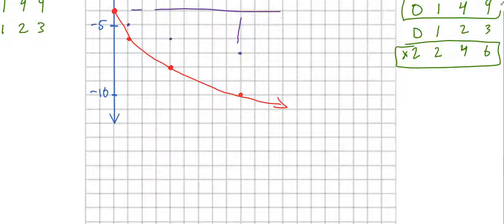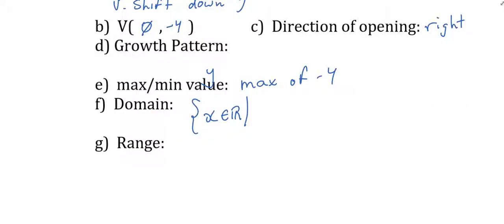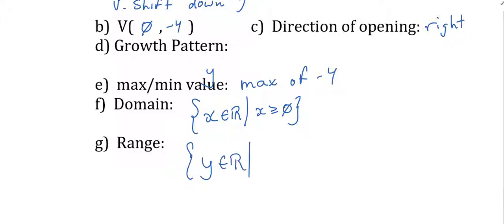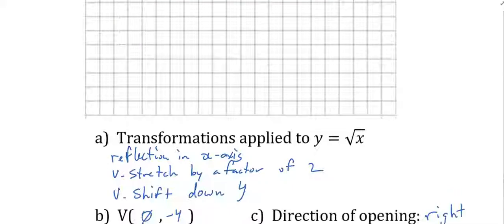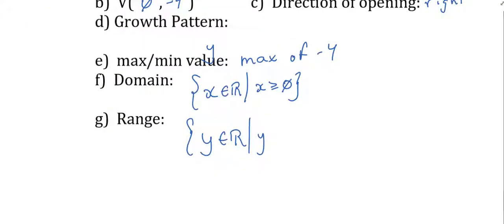So it has something that it never goes smaller than. So x is always bigger than, and it's at 0, right? So x is greater than or equal to 0. And the range is y is an element of the real numbers such that y is, so it has a maximum, so it's always getting smaller, so y is always going to be smaller than or equal to -4. Okay, and that's it. No axis of symmetry for this one. That's it.